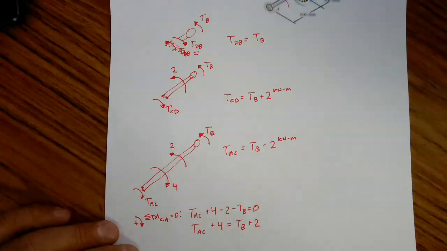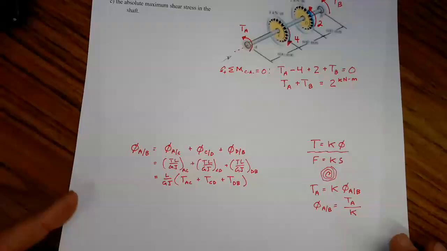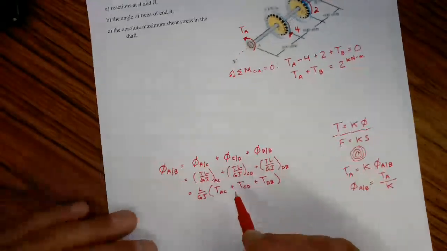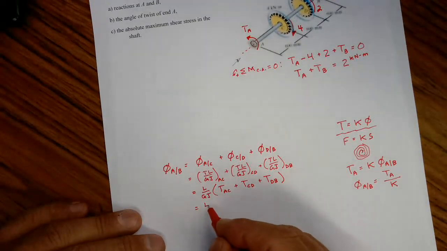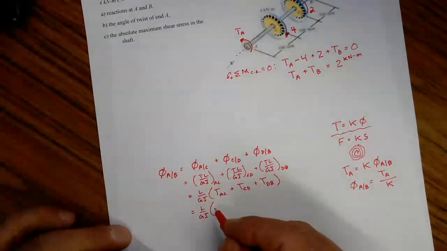Those are my internal torques. Those are the values that I'm going to put in here, the internal torques. So φ equals L over GJ times: TAC is equal to TB minus 2.